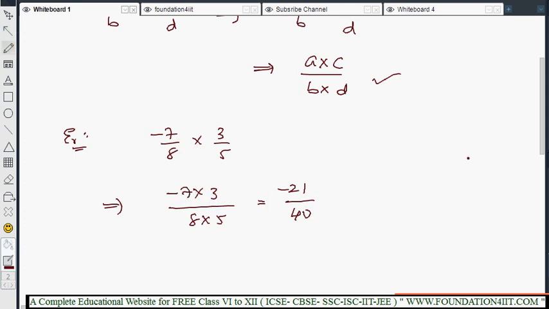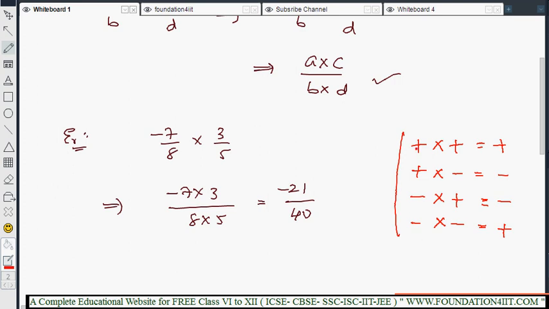You know the rules, right? 4 rules. Plus into plus is plus, plus into minus is minus, minus into plus is also minus, and minus into minus is only plus. These are the rules we need to apply when multiplying positive and negative numbers together.